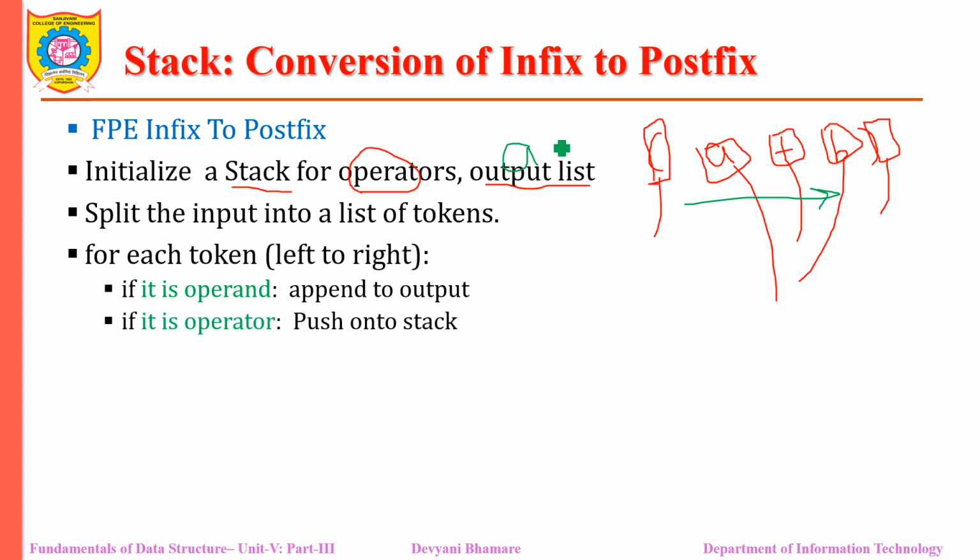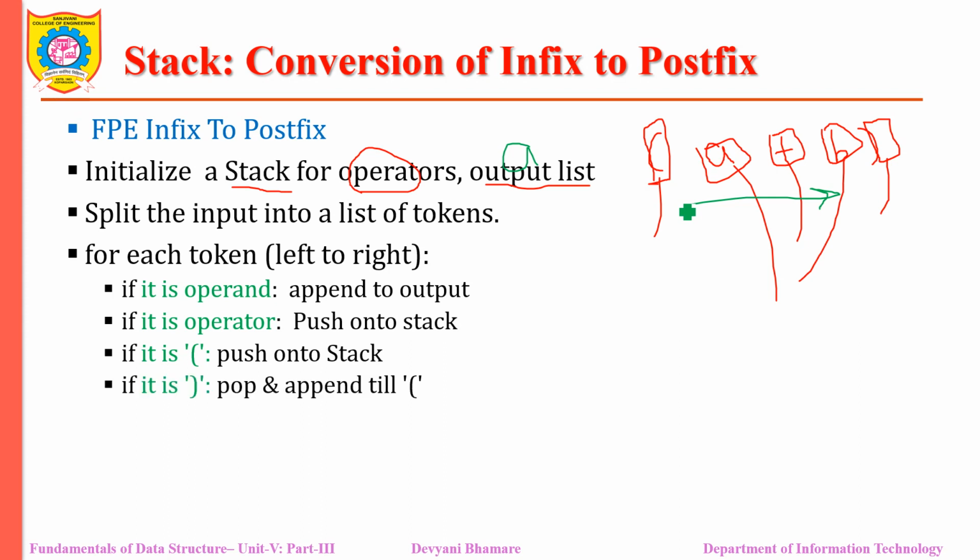If it is an operator, then we need to take that operator and push it onto the stack. If it is an opening parenthesis, then again we need to push that parenthesis onto the stack. But when we get a closing parenthesis, then we need to pop the items one by one until we get the opening parenthesis.